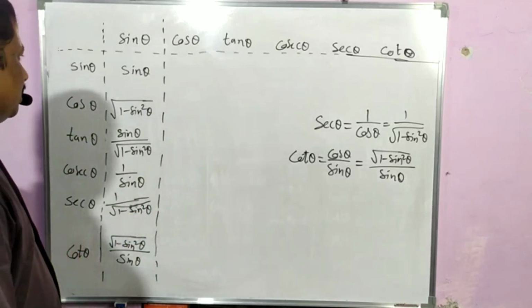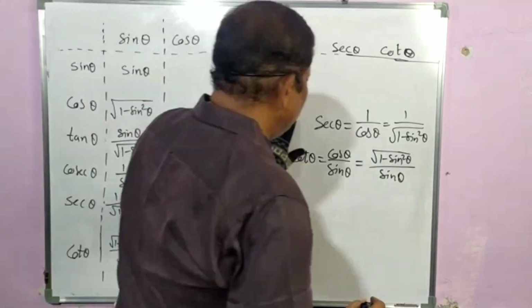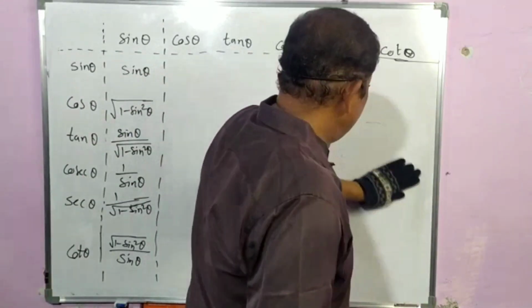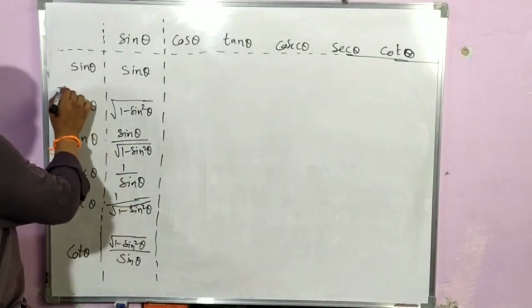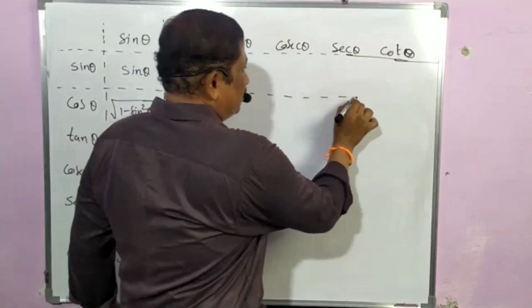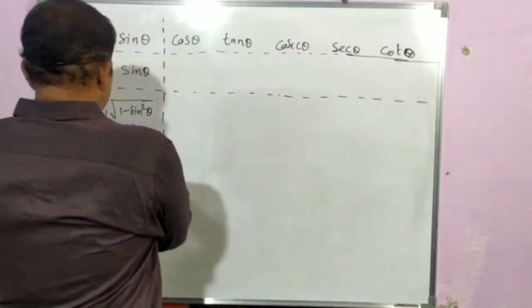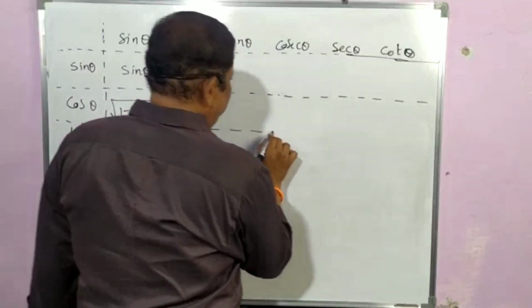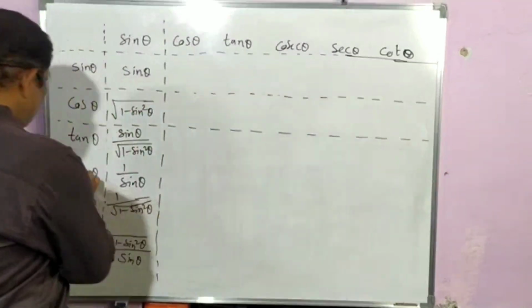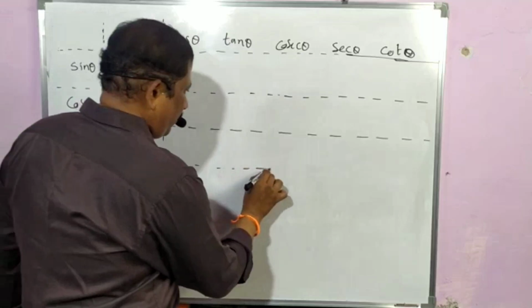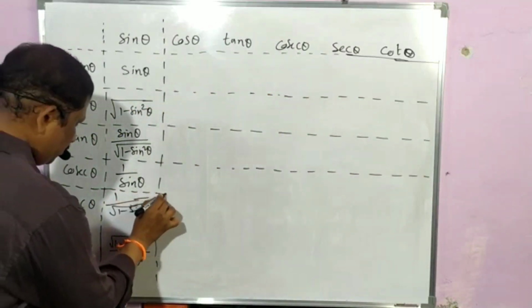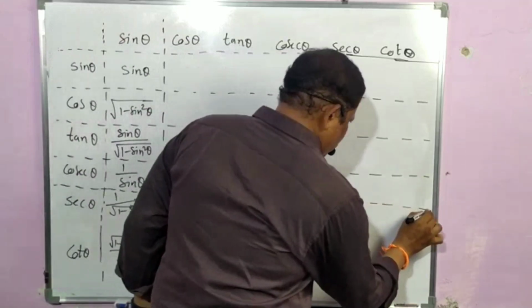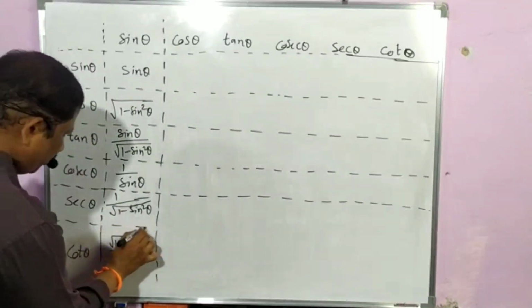Okay. Next, all the trigonometric functions in terms of cos. The six trigonometric ratios were written in terms of sine. Again here we are writing all six trigonometric functions in terms of cos. Carefully observe how we are going to write that.